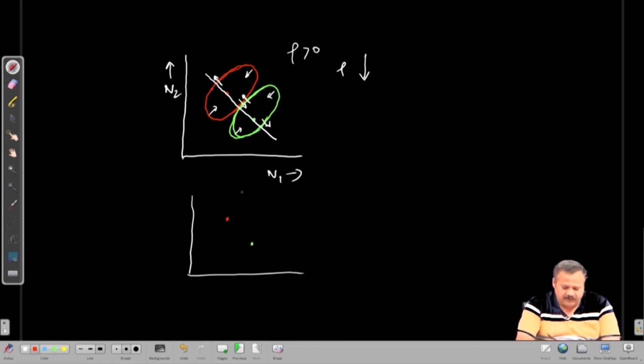Here we have the red elliptical spread and the green elliptical spread.